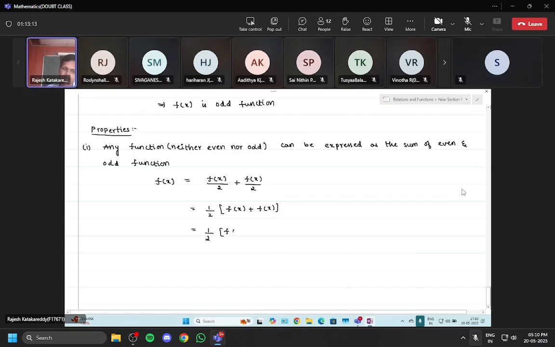This is 1 by 2 f of x plus f of minus x, plus f of x minus f of minus x. Now separate this one. This becomes f of x plus f of minus x by 2. This is the even part. Next is f of x minus f of minus x by 2. This part is odd. You can check that.